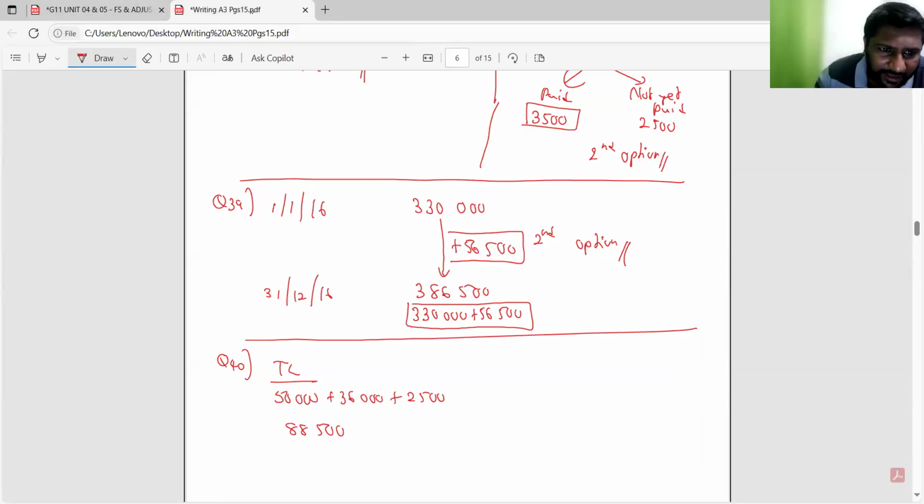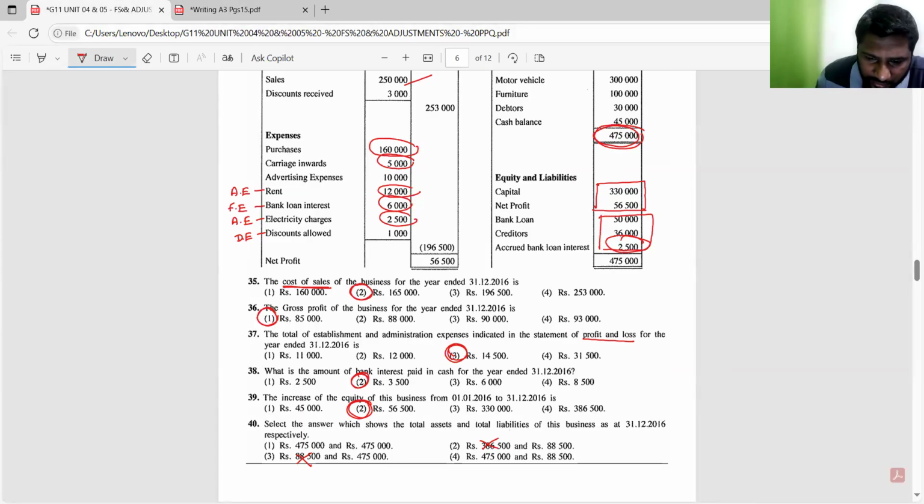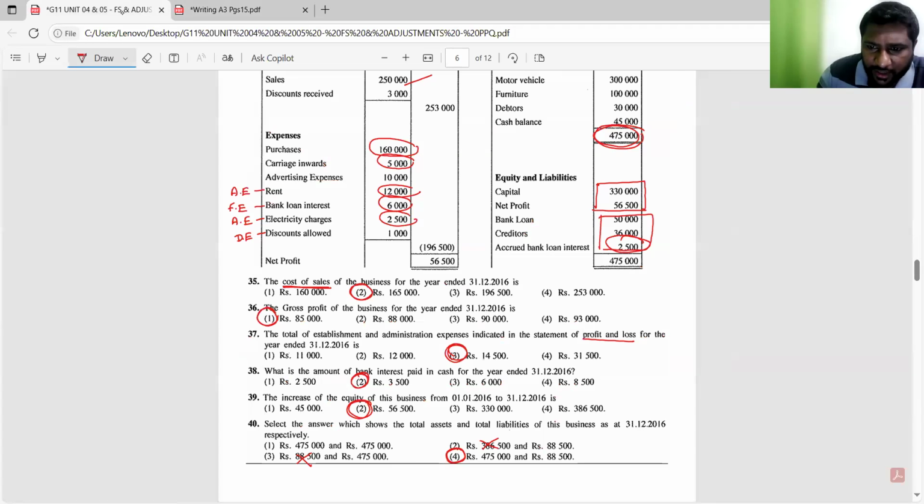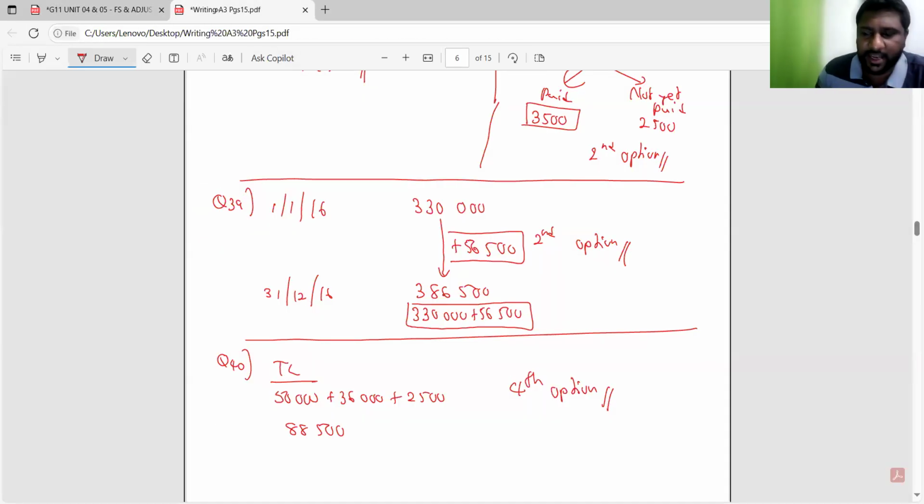Total assets they have given in the question. So that's there in the fourth option, 475,000 and 88,500.